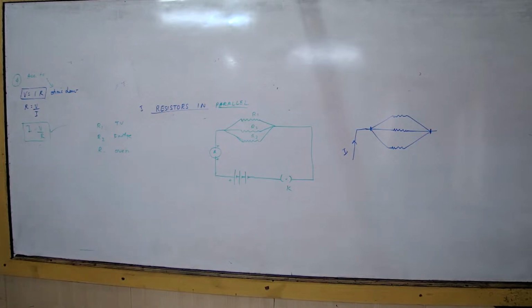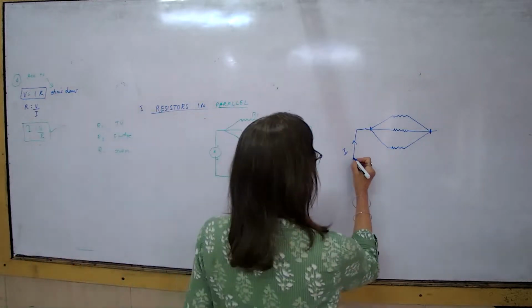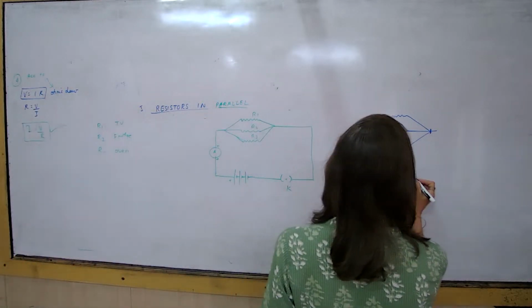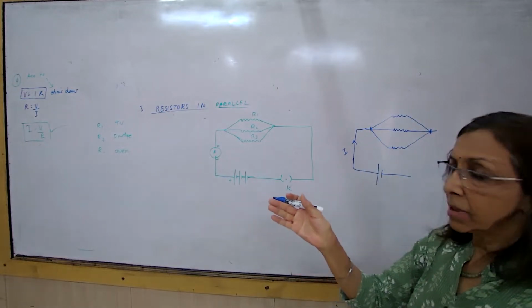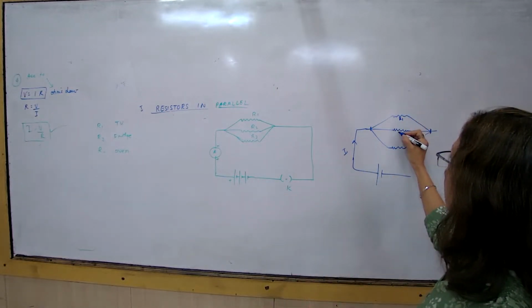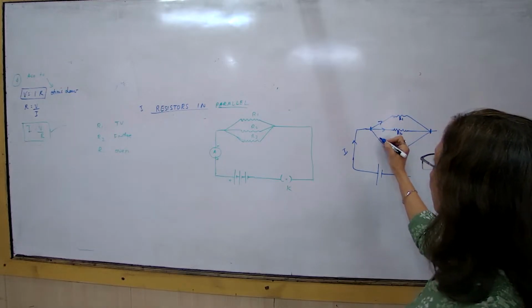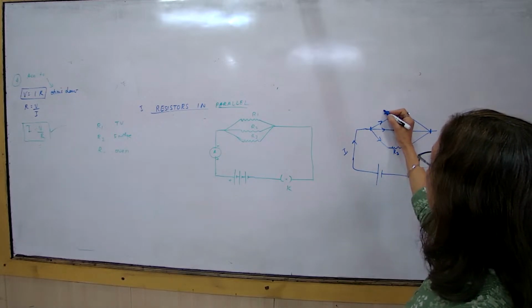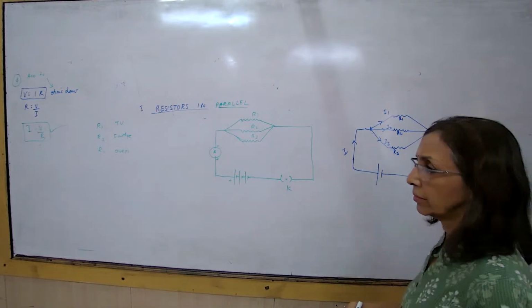Now look at the part where I'm drawing in blue. This is the current which is coming. When it comes here, there are three branches. So let us say this is my R1, this is R2 and R3. I've got current flowing in all the three branches, so I'll take it as I1, I2 and I3.